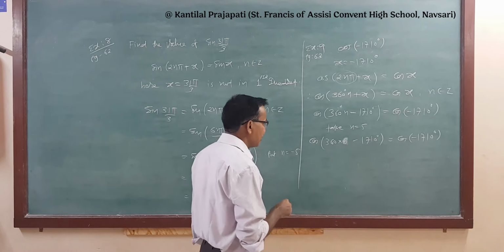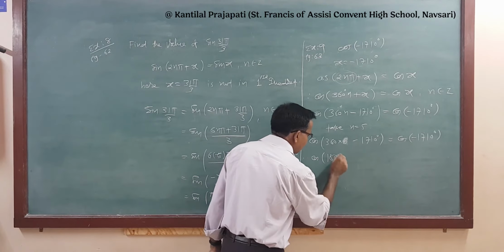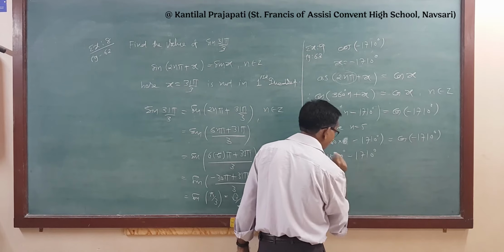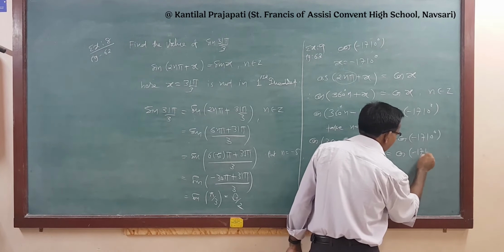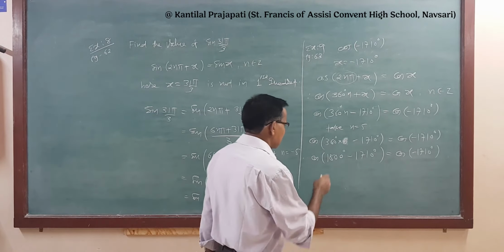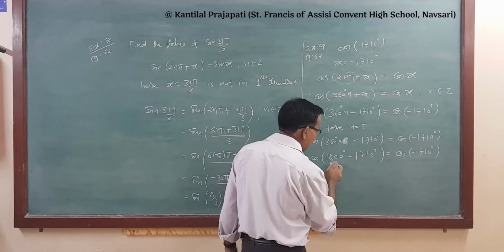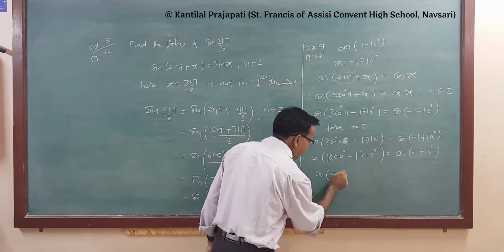360 into 5 is 1800. So therefore it is cos of 1800 minus 1710 degree is equal to cos of minus 1710 degree. The subtraction: 1800 minus 1710 is 90 degree.